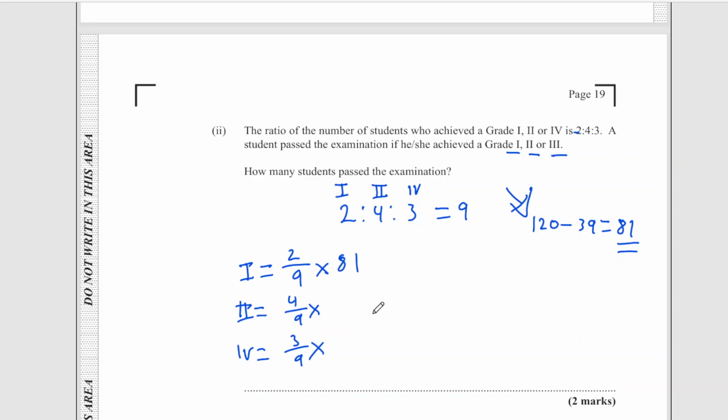So 2 nines times 81, 4 nines times 81, 3 nines times 81. 2 nines times 81 is 18. 4 nines times 81 is 36. 3 nines times 81 is 27.